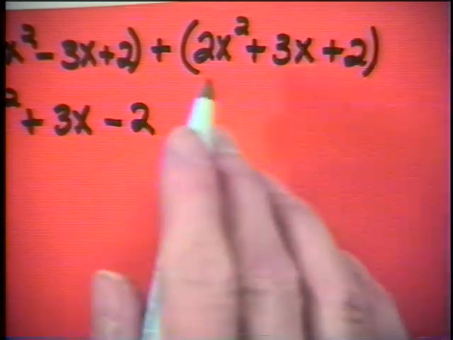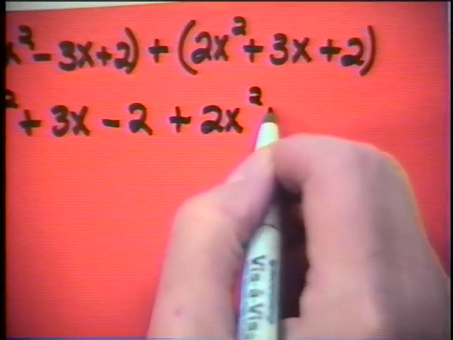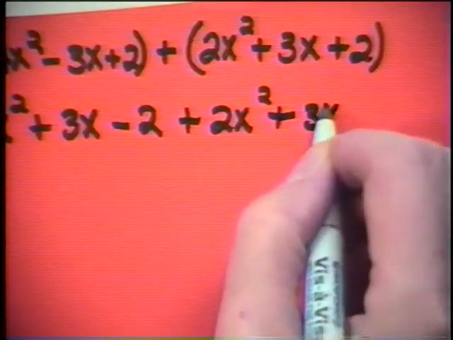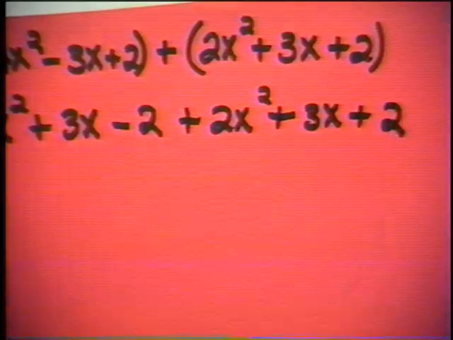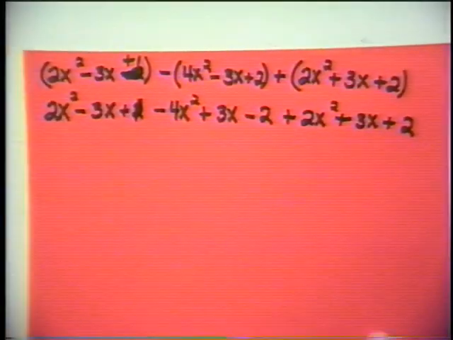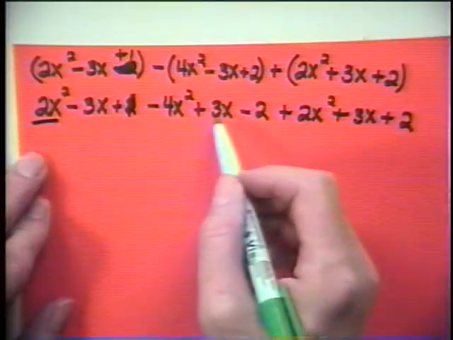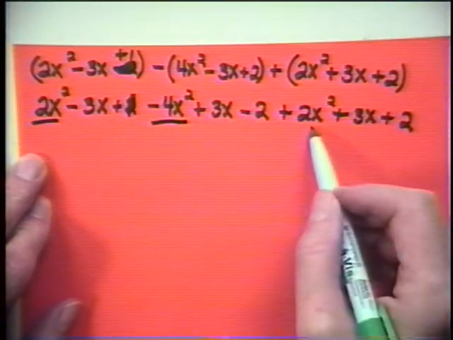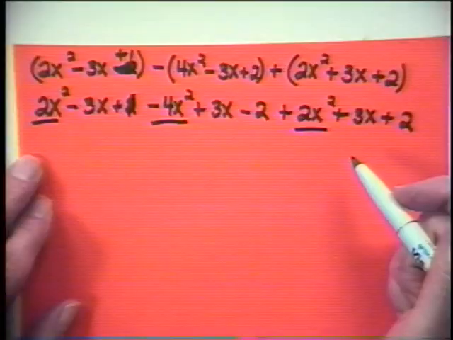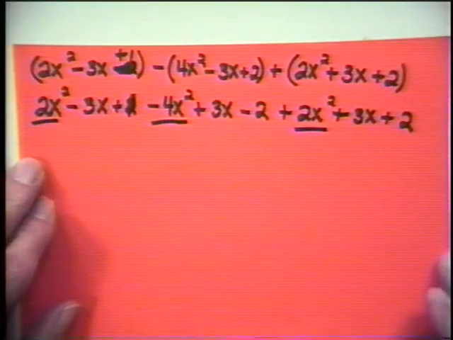And I remove the parentheses preceded by the plus sign. Everything's going to stay the same. And now you just combine like terms just like before. So I'd have 2x squared, a negative 4x squared, and 2x squared, right? You can write this as plus a negative if you want to, like you asked.